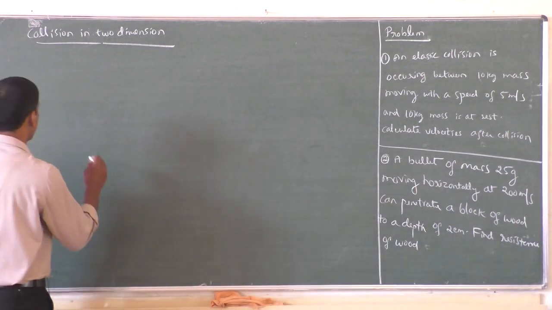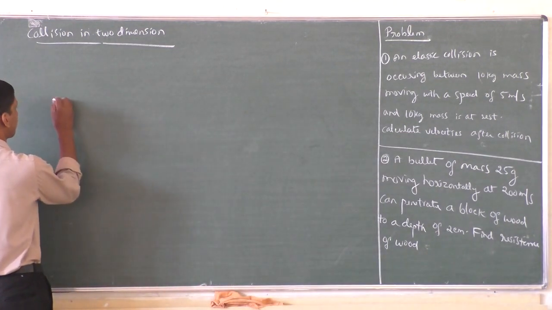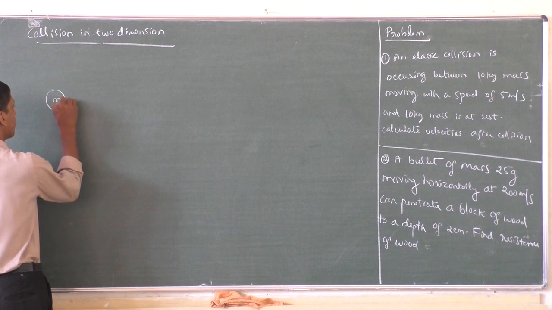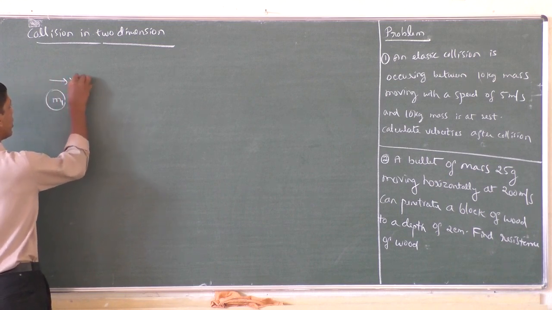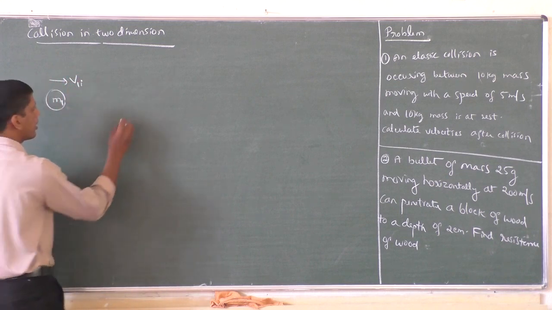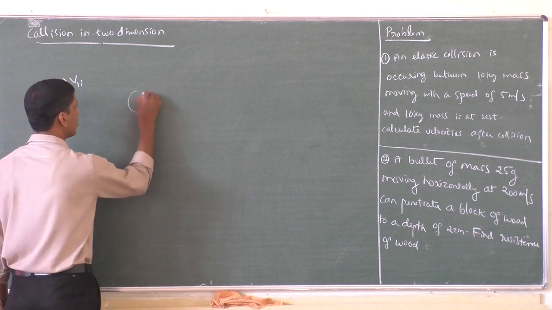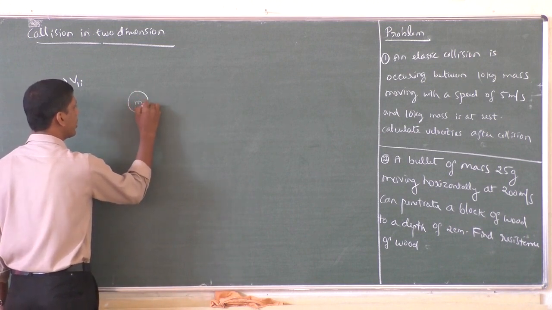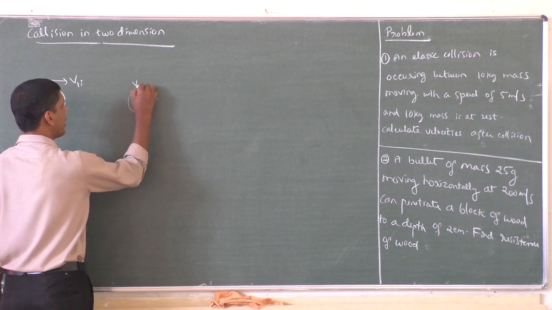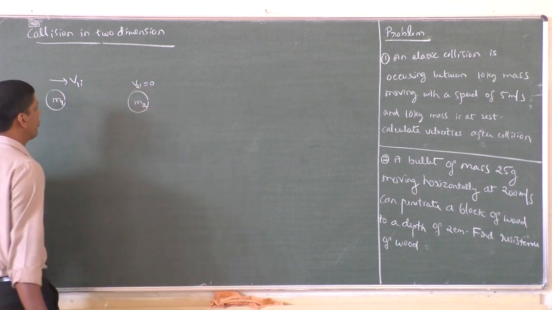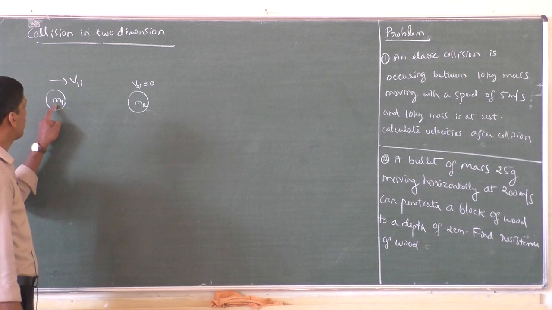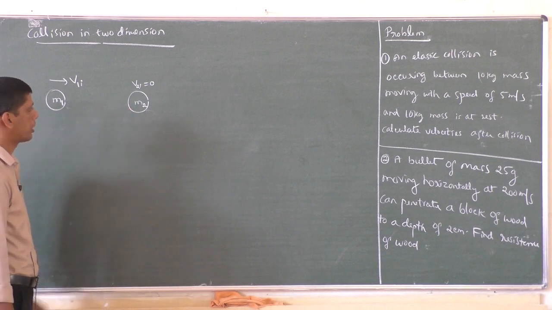So for that, let us consider one body, say this body is moving with the velocity v1i, and another body here, say m2, which is at rest, so therefore v2i will be equal to 0. So here this body collides with the other, stationary body.